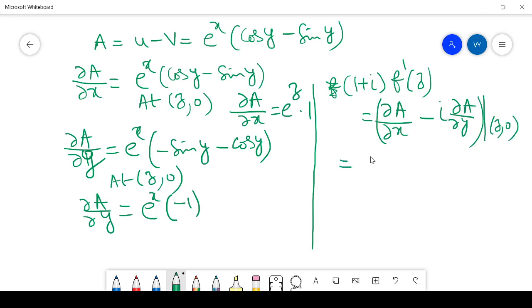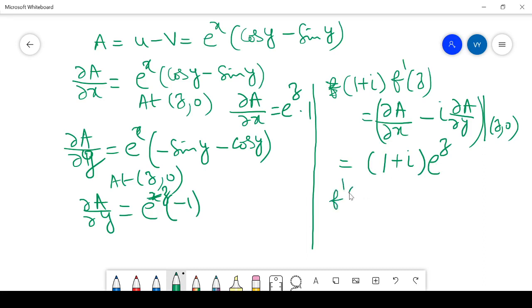So this will give you (1 + i) e^z. Here this will be e^z, not e^x, because you are substituting x equal to z. So in this case you will have (1 + i) e^z.